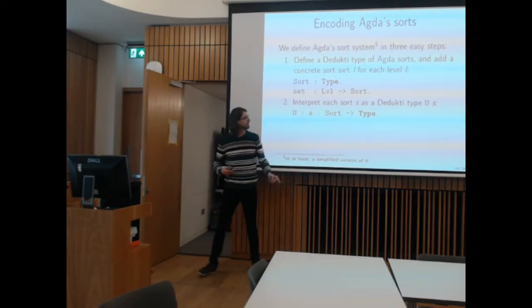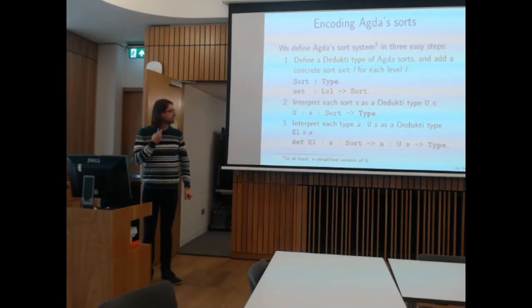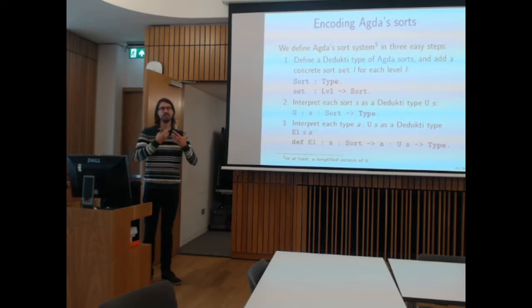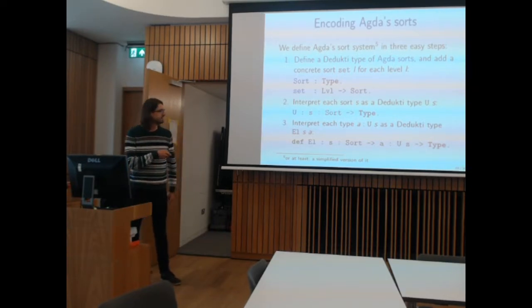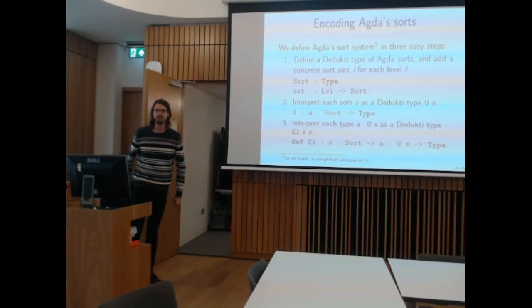And finally, if we have an element of U of S for some sort, then we also need to interpret that thing as a type again. That's this L: we give it a sort and an element of the universe associated to that sort, and we get the type of its elements, or good terms.